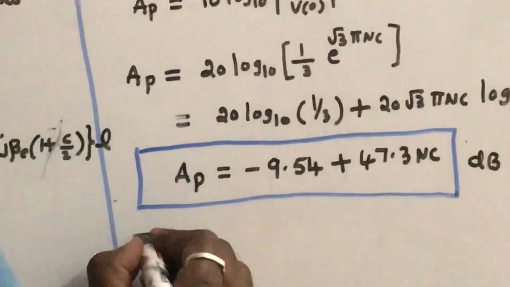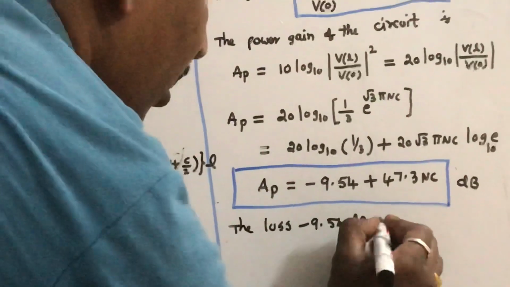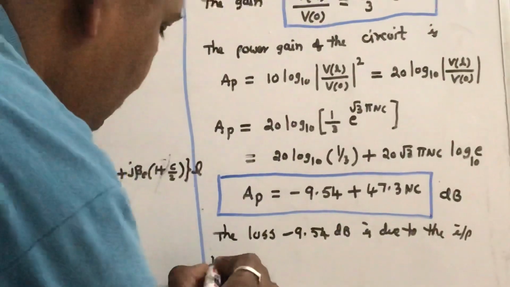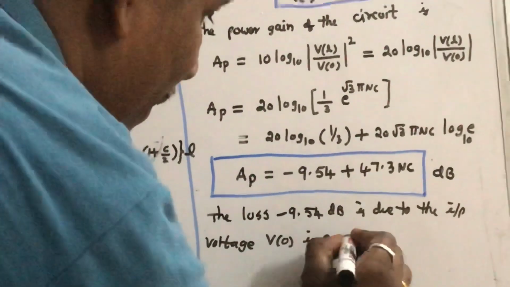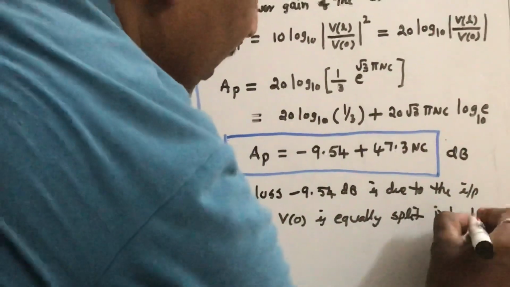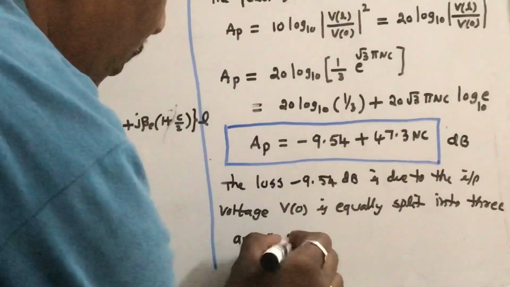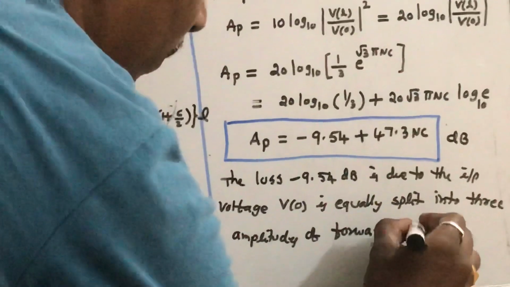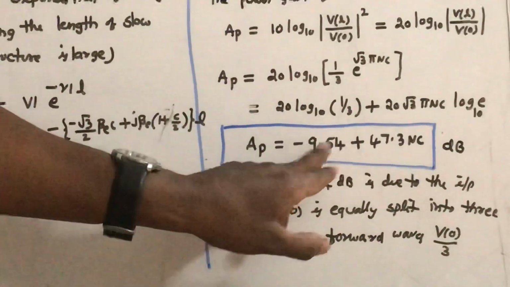So finally we write the loss of minus 9.54 dB is due to the input voltage that is to be amplified, V of 0, being equally split into 3 amplitudes of forward waves, V of 0 by 3.